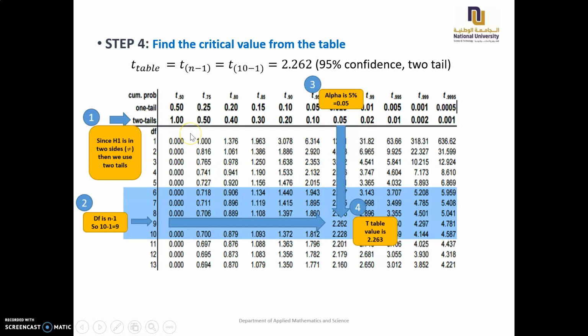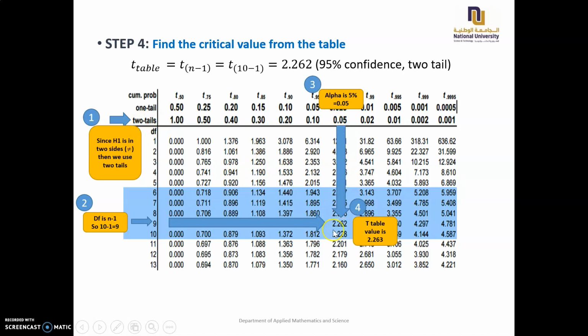Which t value we use is based on the degree of freedom. When your sample size is 10, the degree of freedom is n minus 1, which is 10 minus 1, which is 9. So the degree of freedom in this problem is 9, and alpha is 0.05 for two-tail.